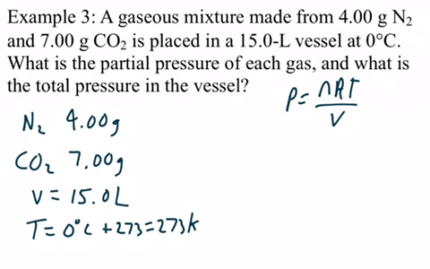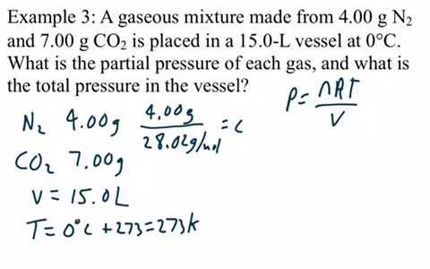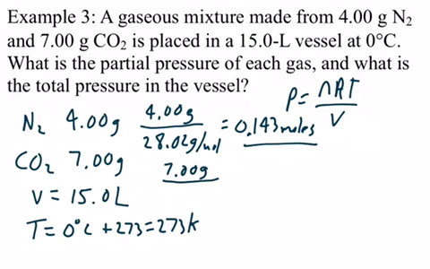And if you divide 4 grams by the molar mass of nitrogen, which is 14.01, but it's diatomic, so times 2 would make it 28.02 grams per mole, that will give us 0.143 moles of nitrogen.